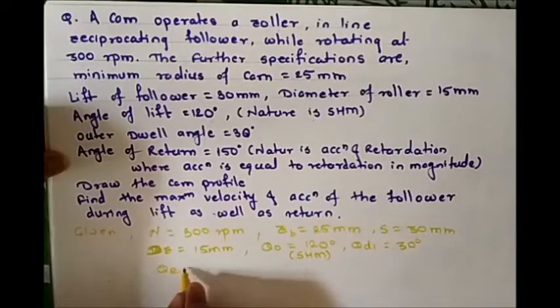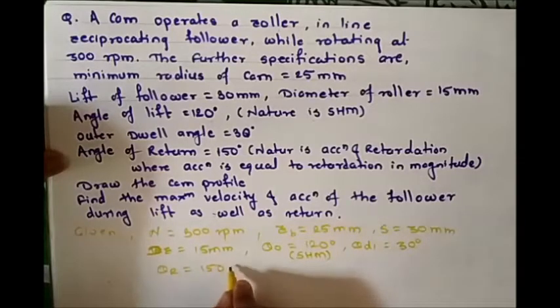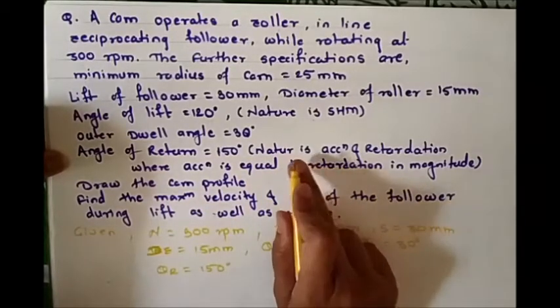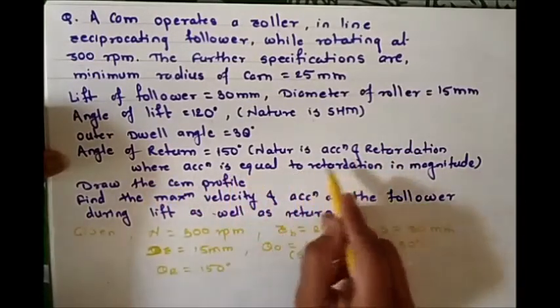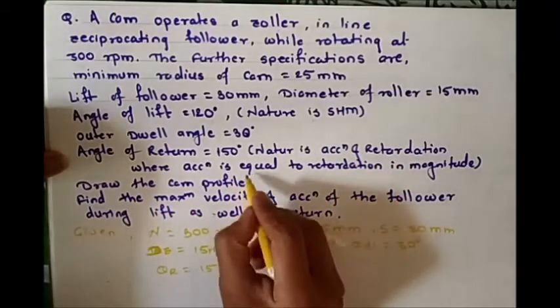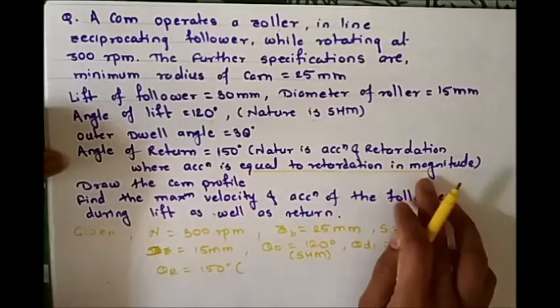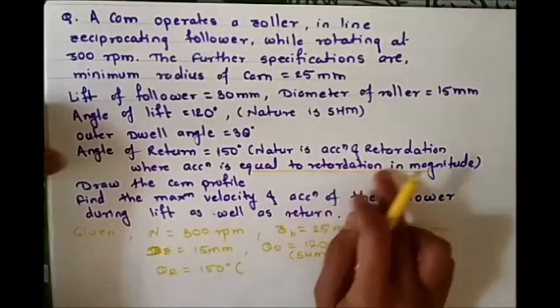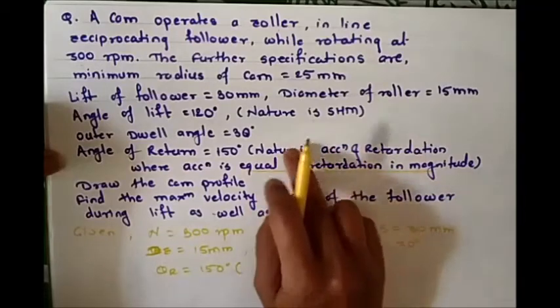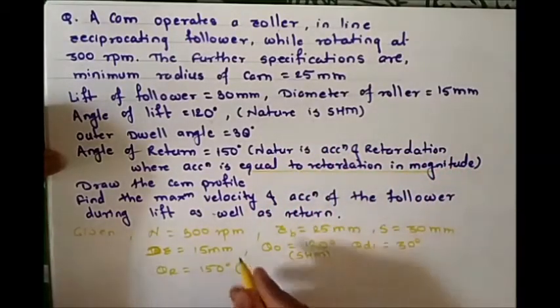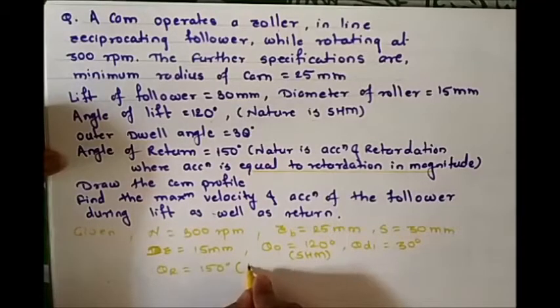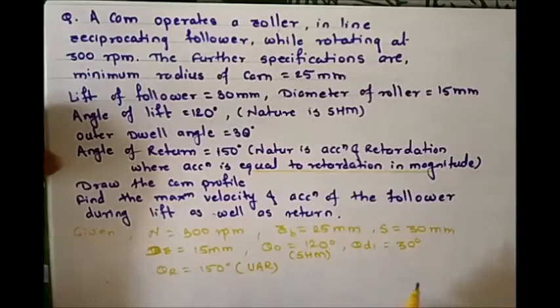So theta_r is equal to 150 degree, and the nature is uniform acceleration and retardation, where acceleration is equal to retardation. Here they mention that acceleration is equal to retardation, but sometimes they don't mention this, they just say uniform acceleration and retardation. In that case we consider that acceleration is equal to retardation, UAR, uniform acceleration and retardation.